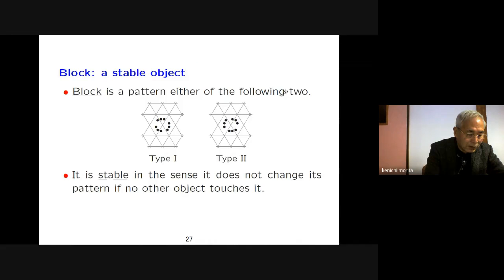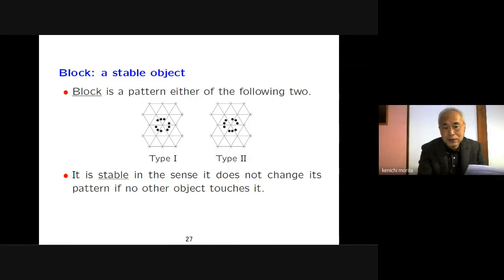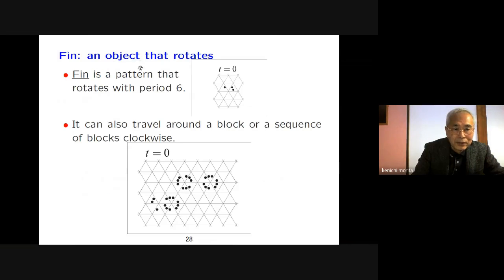The second one is a block. It is a pattern either of the following two. Block is stable in the sense it does not change its pattern if no other object touches it. The third object is a fin.